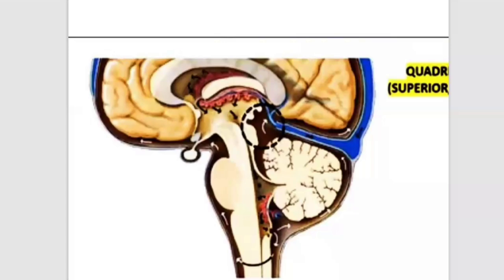Yes, ma'am, I opened that diagram, the green one you were saying. You have seen that? Yes, ma'am, I'm seeing it. The plate is said to be the corpora quadrigemina. The space present behind the corpora quadrigemina is the quadrigeminal cistern.